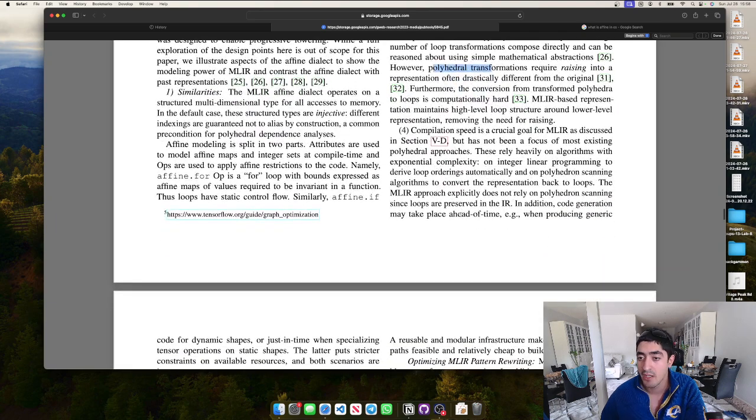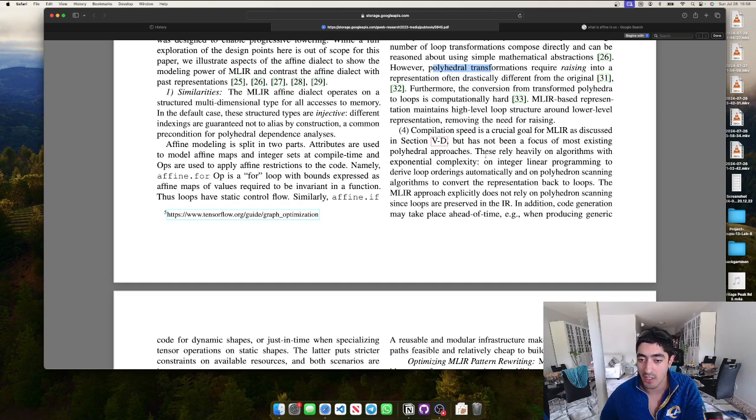Compilation speed is a crucial goal for MLIR, as discussed in section 5, but has not been a focus of most existing polyhedral approaches. These rely heavily on algorithms with exponential complexity, on integer linear programming to derive loop orderings automatically, and on polyhedron scanning algorithms to convert the representation back to loops.